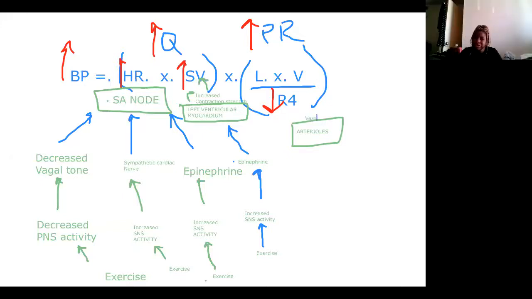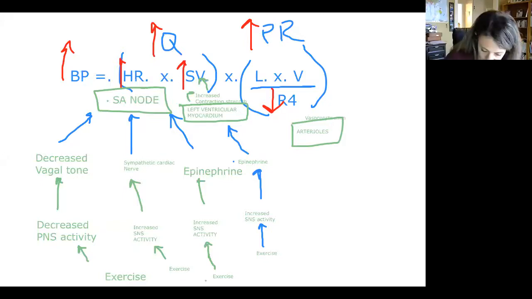Okay, so vasoconstriction. So we need the arterioles to vasoconstrict in order to get the decrease in radius.